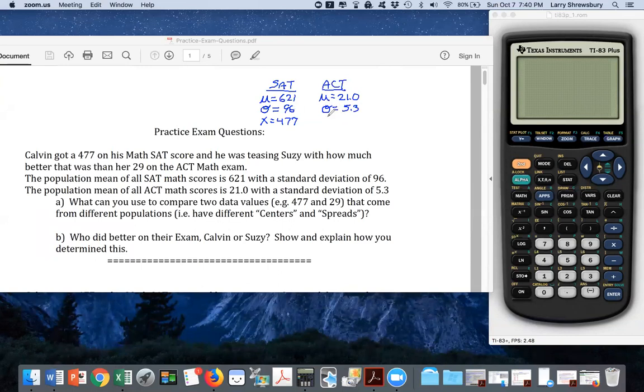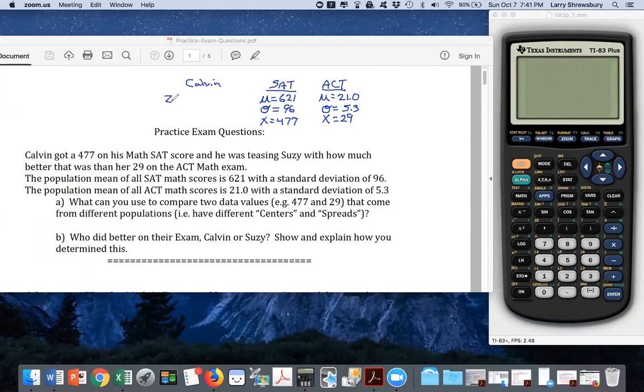And Susie's score is the one for the ACT exam, and her score was 29. Now, is she above or below average? She's above. So already you know Susie did better, but let's find out exactly how much better, how much worse. So for Calvin, let's do Calvin's z-score.